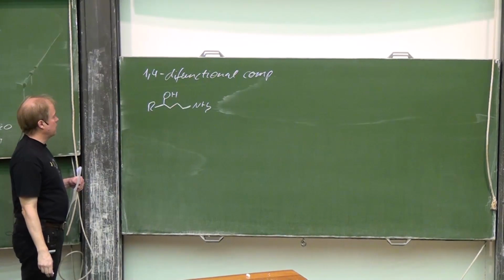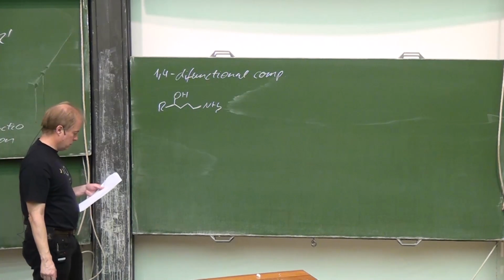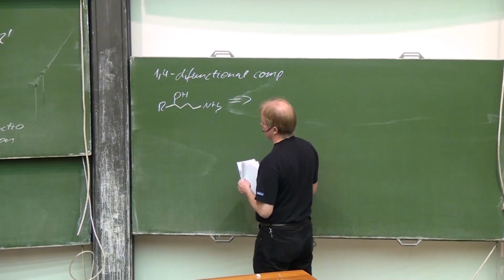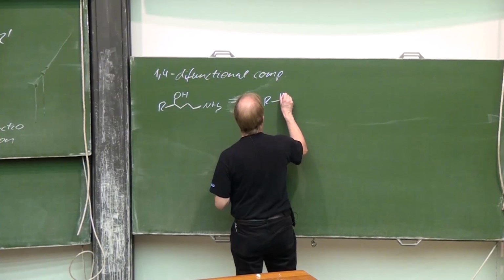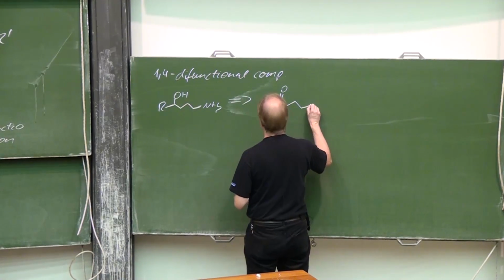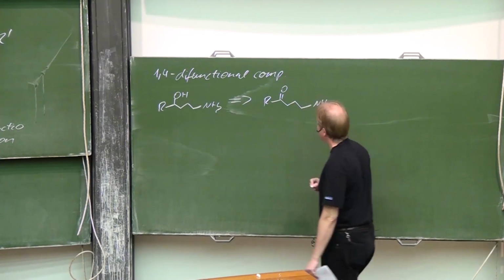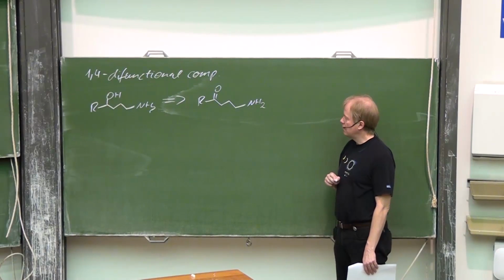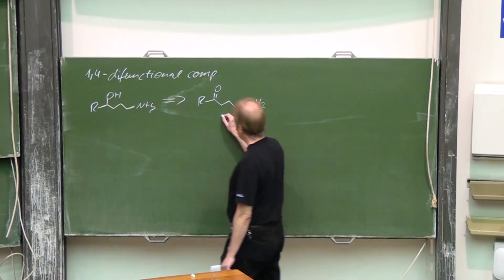Let's talk again about an amino alcohol, a 1,4 amino alcohol. You could get that in principle from that type of ketone, but be careful.